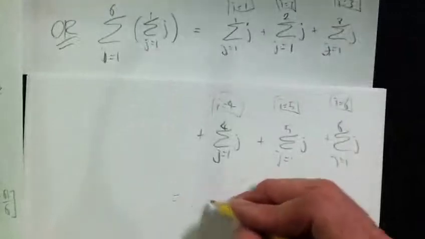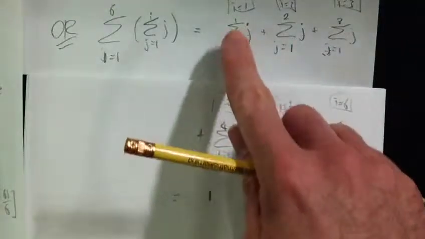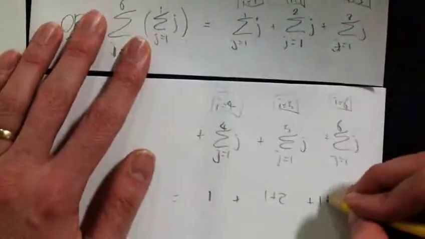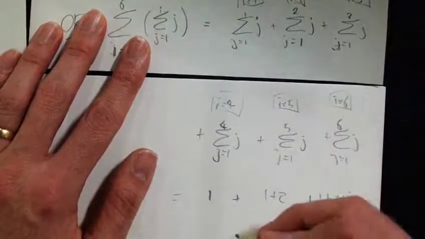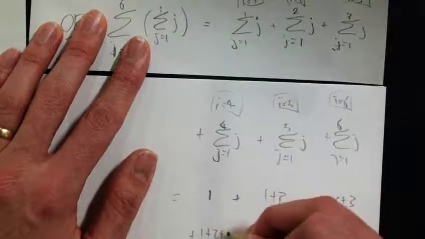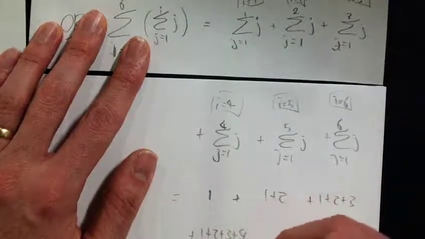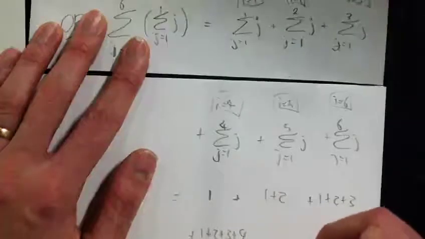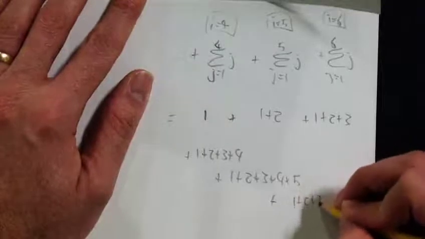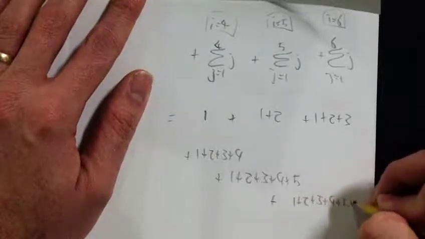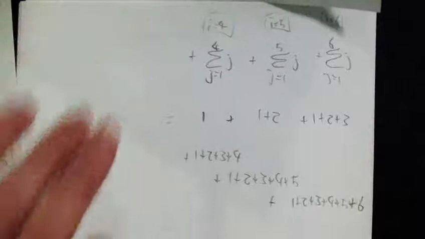I could have gone, okay, well the first one is just 1, it's the sum from 1 to 1. The next one is the sum from 1 to 2, which would be 1 plus 2. And the next one would be 1 plus 2 plus 3. And the next one would be 1 plus 2 plus 3 plus 4, plus 1 plus 2 plus 3 plus 4 plus 5, plus 1 plus 2 plus 3 plus 4 plus 5 plus 6. And then I could have just added them all up.